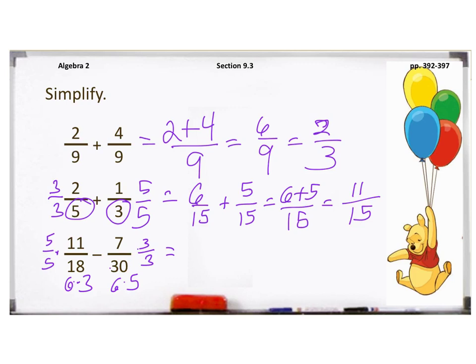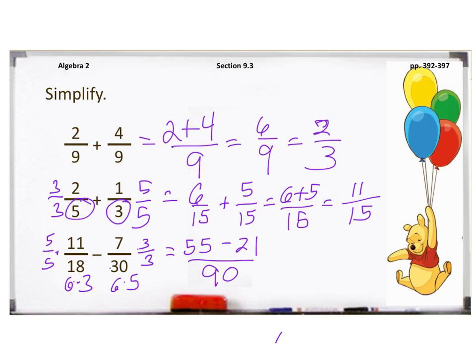So, this gives us 55 plus 21. Apologies, not a plus. That should be a minus. 55 minus 21 over the new denominator of 90.